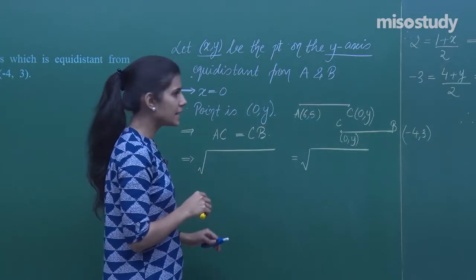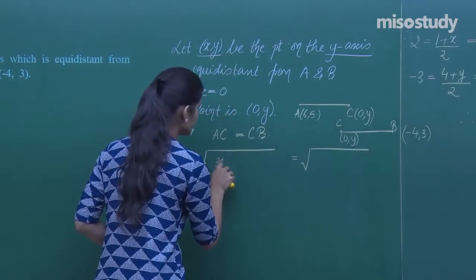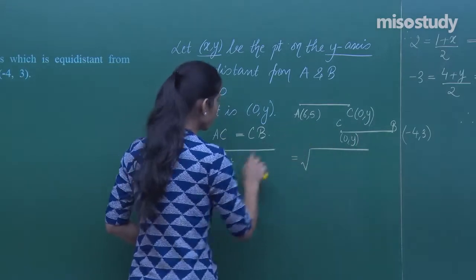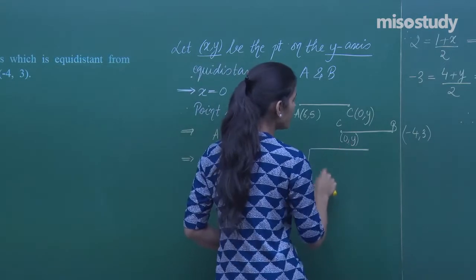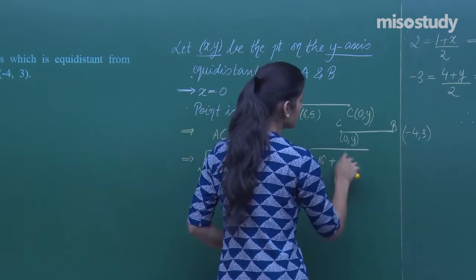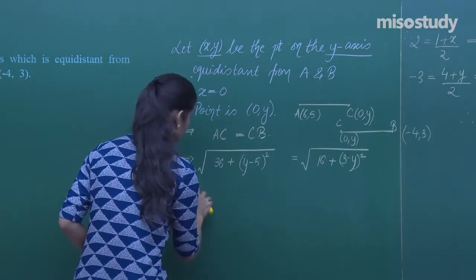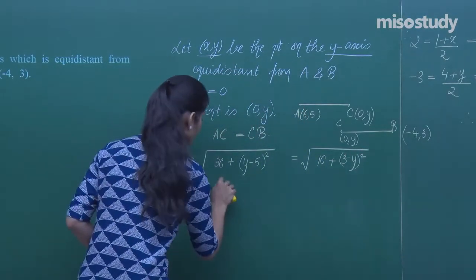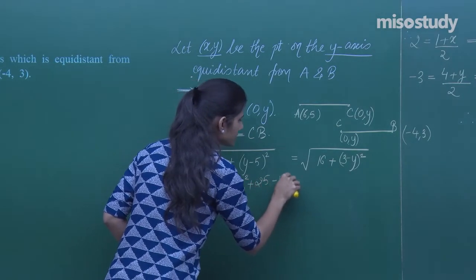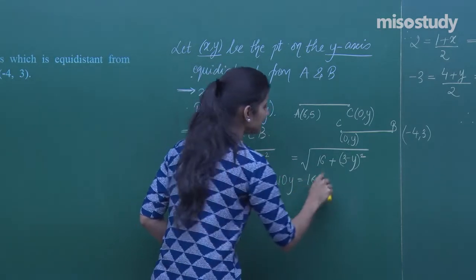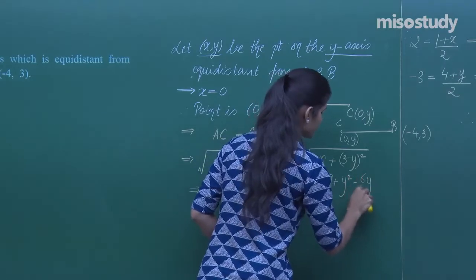Let's just try to write this with the help of the distance formula. I get 0 minus 6 whole square, that is 36, plus y minus 5 whole square. This will be equal to minus 4 minus 0 whole square plus 3 minus y whole square. Squaring both sides, your square root is removed, you get 36 plus y square plus 25 minus 10y equals 16 plus 9 plus y square minus 6y.